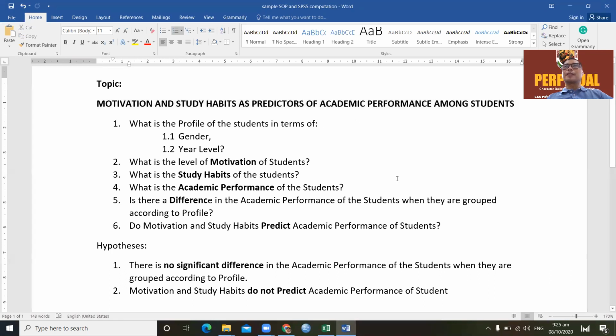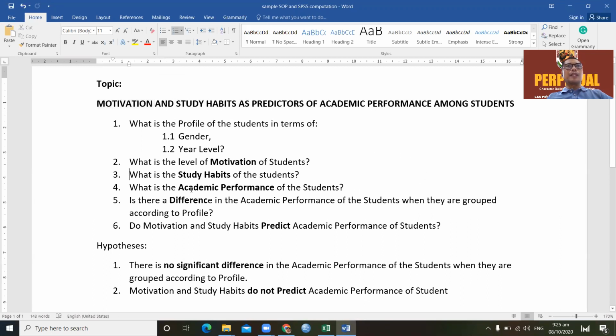For my statements of the problem, to answer my main question: what is the profile of the students in terms of gender and year level? That's my first SOP. The second SOP is: what is the level of motivation? You would notice that's the first variable indicated in your title.